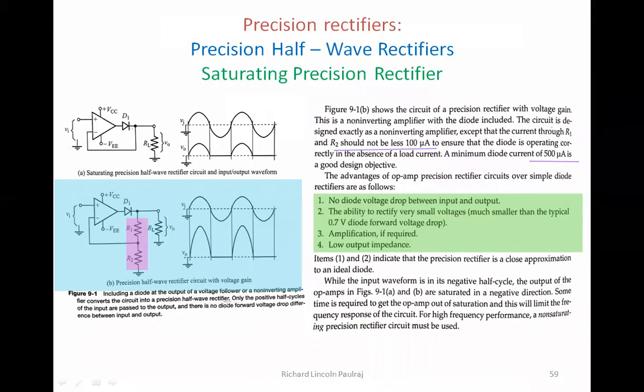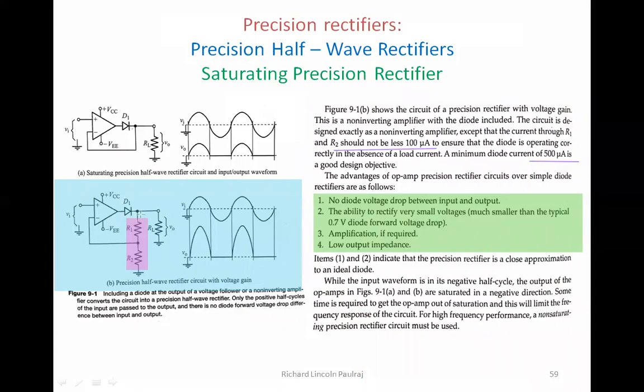Okay, so you can see here we are including a diode at the output of a voltage follower, or a non-inverting amplifier, that converts the circuit to a precision half-wave rectifier. So a diode in combination with an op-amp makes it precision. Only the positive half cycles of the input are passed to the output, and there is no diode forward voltage drop between input and output.